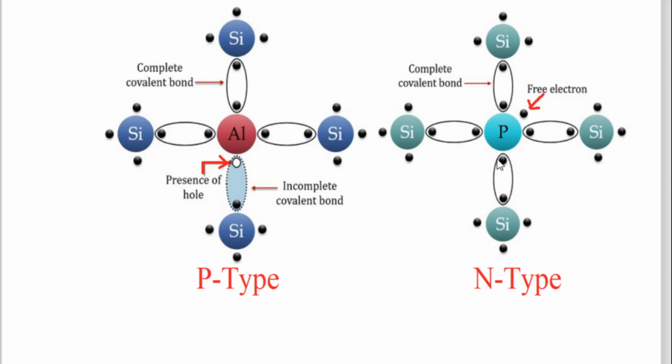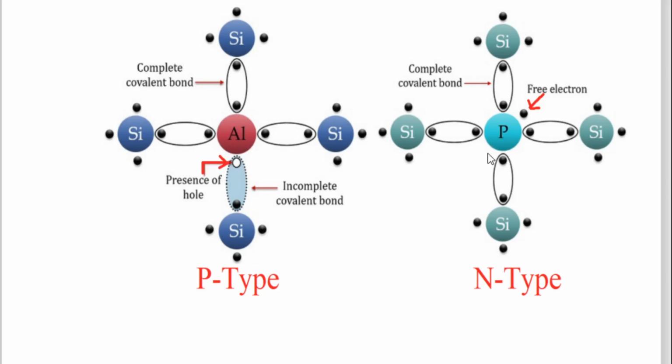After the electron jumps from right to left, the structure which had an excess electron becomes stable, and the other structure, which had a shortage of electrons, also becomes stable, because this one gains the electron and this one loses the electron.